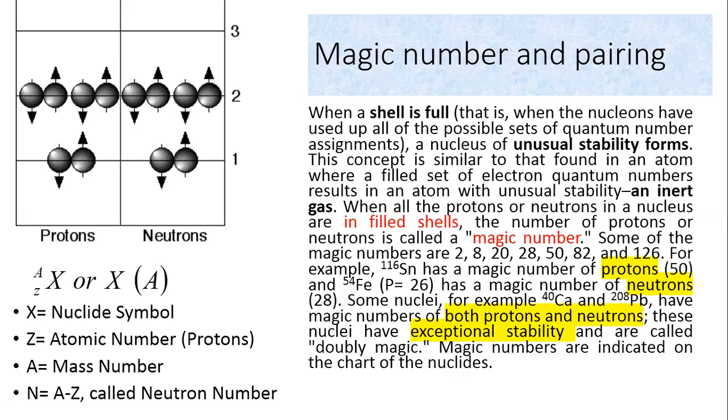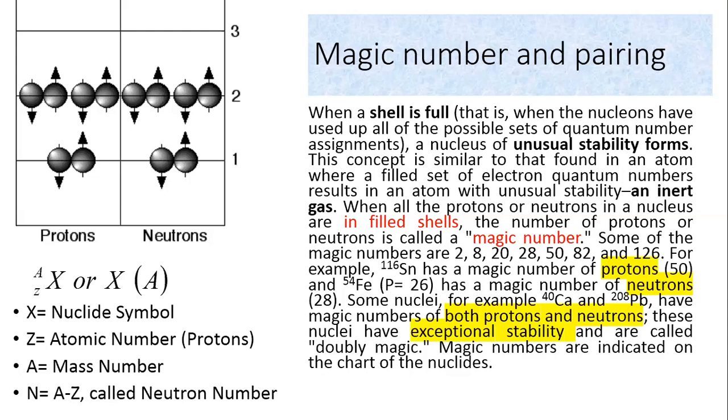This concept is very similar to that which is found in an atom, where a filled set of electron quantum numbers results in an atom with unusual stability, like in the case of the inert gas. So this magic number is similar to what we use for defining the stability of the inert gases, the 8th A group.